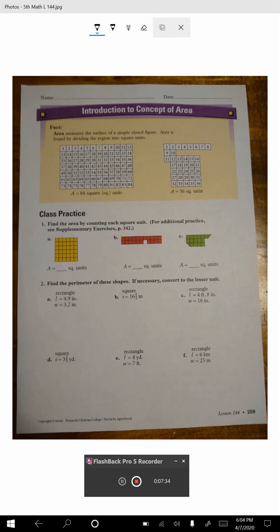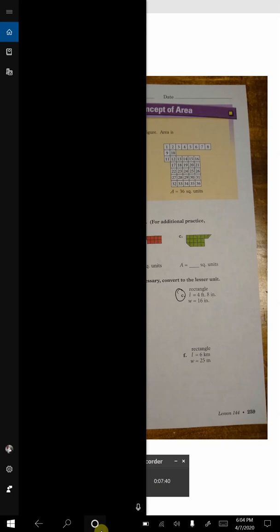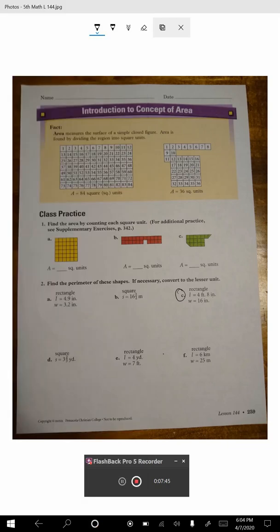And now that you've finished that, notice that C's rectangle has 4 feet 8 inches and a width of 16 inches. And in our directions, we're going to the lesser unit, the smaller unit, which means we're going to convert these 4 feet into the inches that the rest of the problem is in.